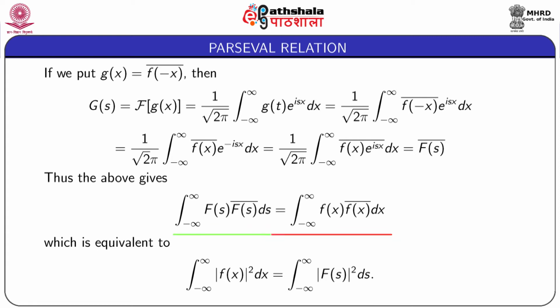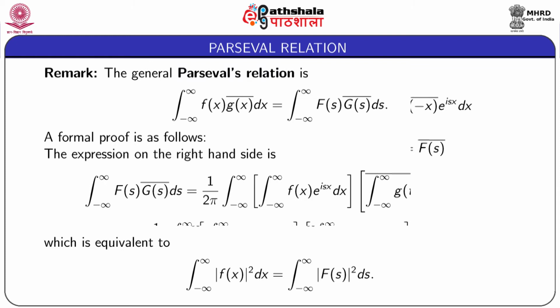This is equal to integral minus infinity to plus infinity small f(x) into small f bar(x) dx, and this is equivalent to integral minus infinity to plus infinity mod of small f(x) square dx, that is equal to integral from minus infinity to plus infinity mod of capital F(s) square ds. So, we proved the Parseval relation.